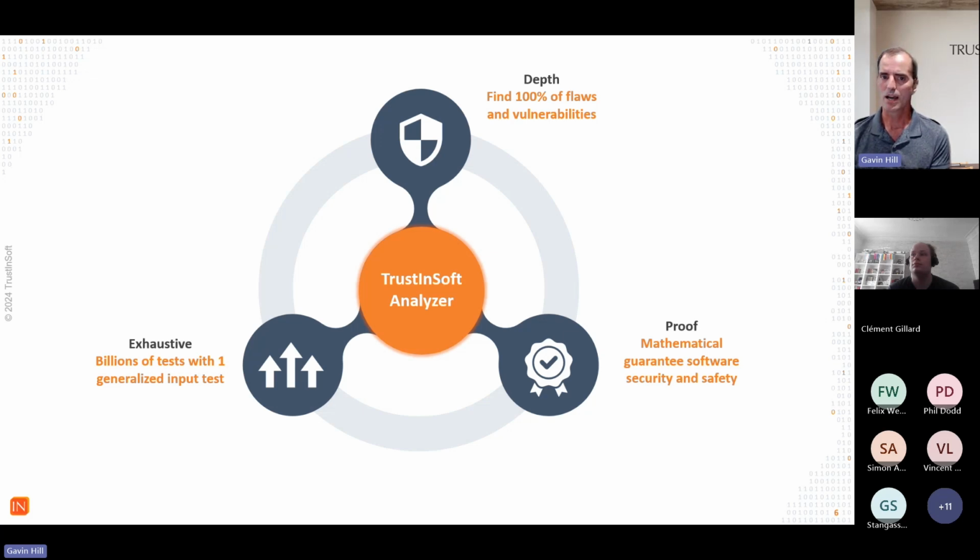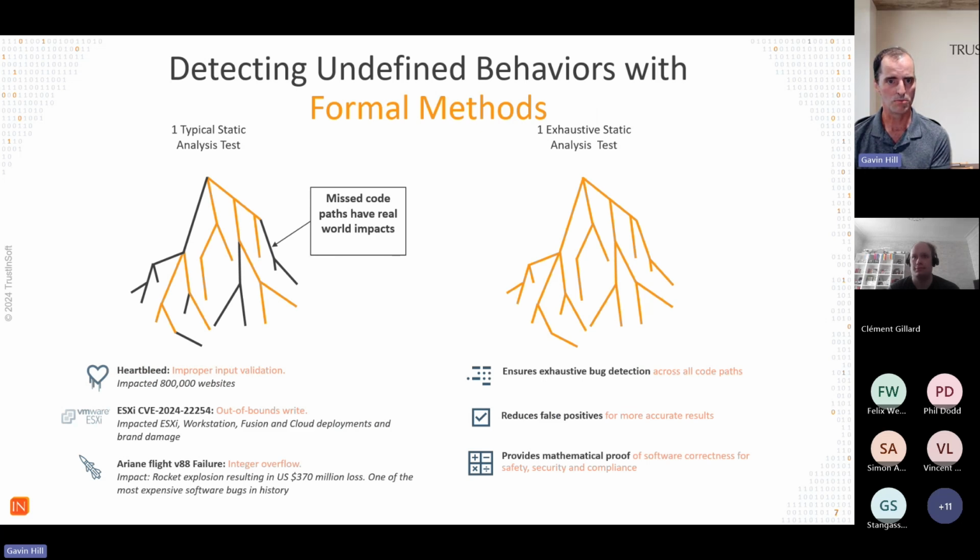What do I mean by undefined behaviors, and specifically formal methods, if you're not familiar with them? When performing static analysis, what generally happens with many static analysis tools today is that some of the code paths in the code are missed. And when you miss some of those code paths, there are real-world impacts that can result.